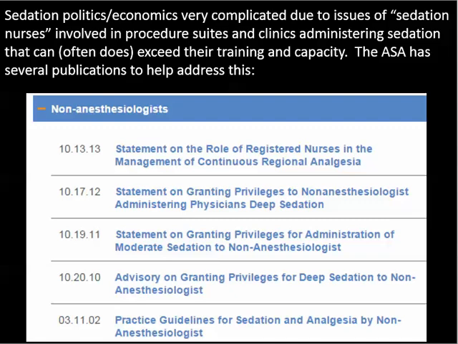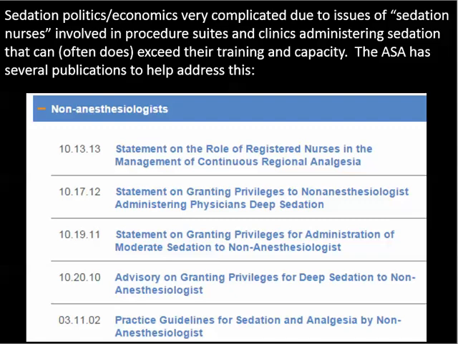And this is a problem, and it sometimes becomes the problem for anesthesia first when there's a bad event, and they have to hustle and try to resuscitate the patient, or after the bad event, especially if the patient is damaged. The question comes, well, why didn't anesthesia create protocols and credentialing for these sedation nurses that are using these powerful drugs without really understanding what they're doing. It's very complicated.